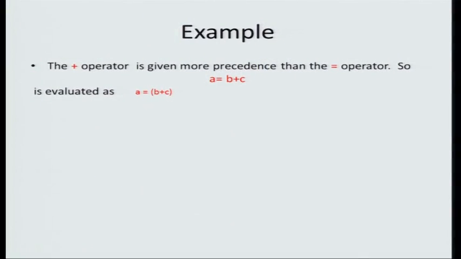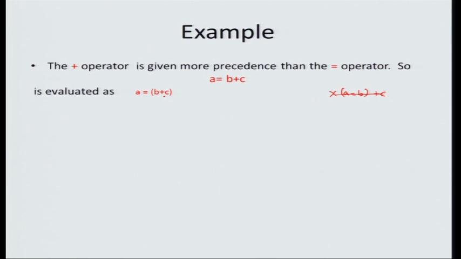In C, the plus operation is given more precedence than the equal to operation. So I want to interpret this expression as A equal to B plus C, and not as A equal to B plus C.